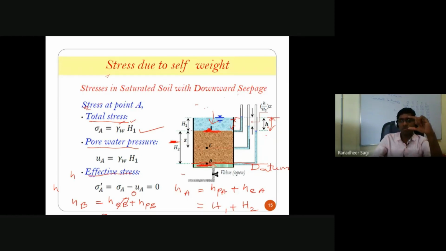And once H1 meters is the pressure head at point A, the pore water pressure is the unit weight of water into the corresponding pressure head existing at point A.